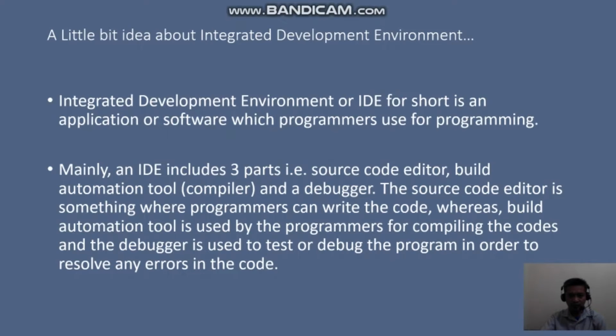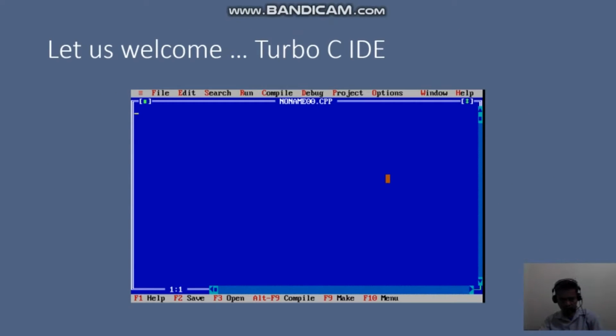So let us familiarize ourselves with what an IDE looks like. This is the Turbo C++ or Turbo C IDE environment. In the blue screen we have a cursor, which indicates where you will start typing your code.